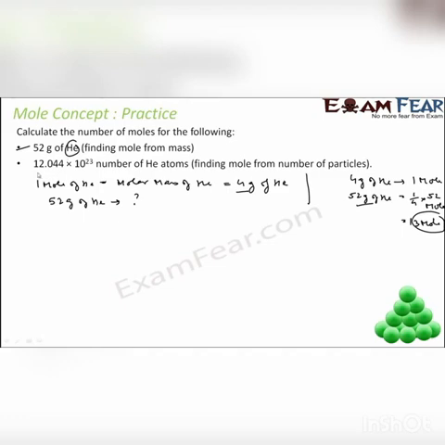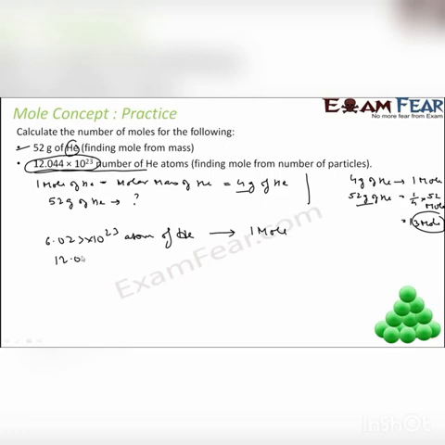Okay. The next is these many number of helium atoms. Find the moles from number of particles. So we know that 6.023 into 10 to the power 23 atoms of any substance, let's take helium here, is equal to 1 mole. So if this is equal to 1 mole, this many number is equal to how many moles?